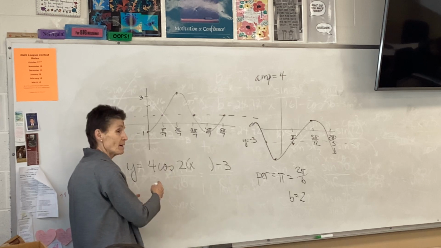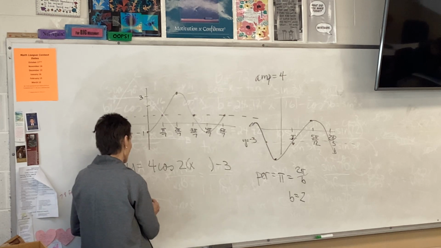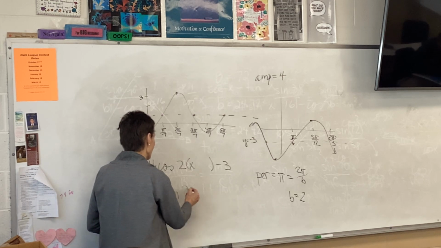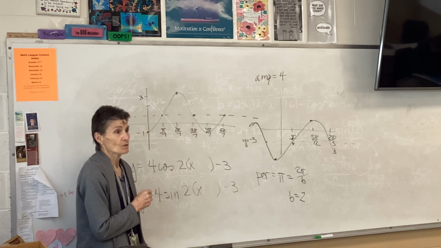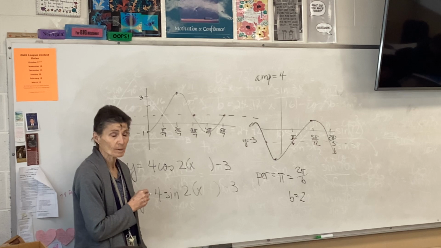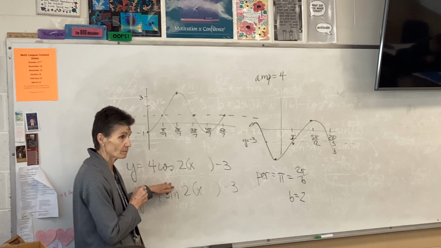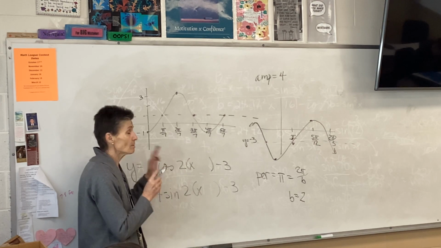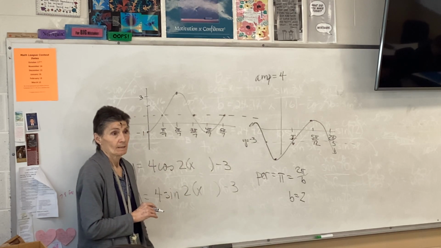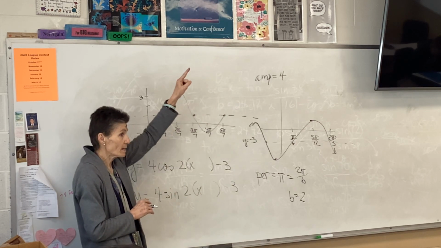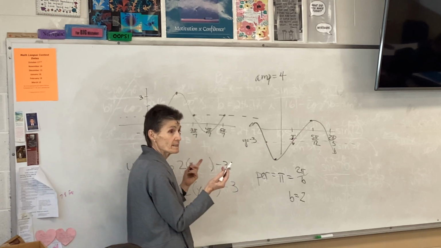So that much of it, and I might as well go ahead and do a sine equation too. All that part's going to stay the same, right? So now I just have to figure out, if I'm doing a cosine curve, where do cosine curves start? At the maximum, right? So I have a choice here.